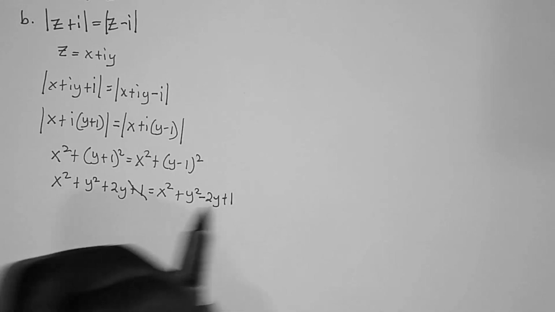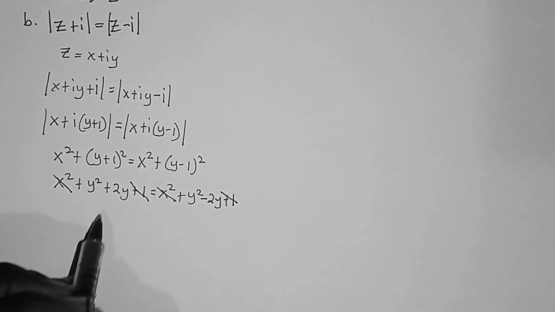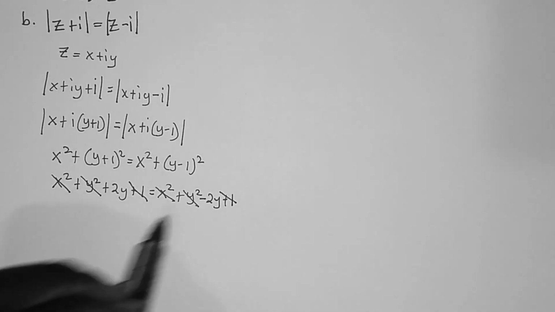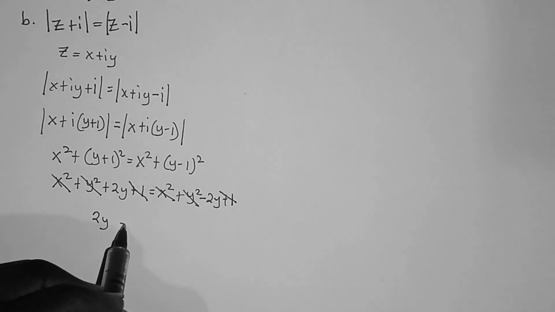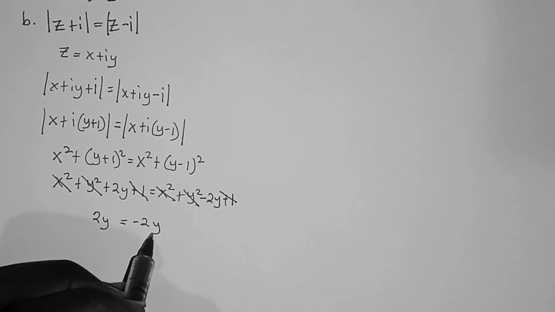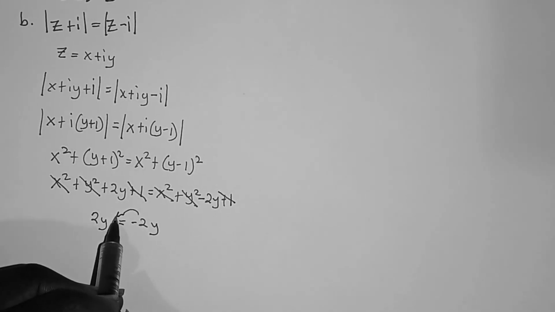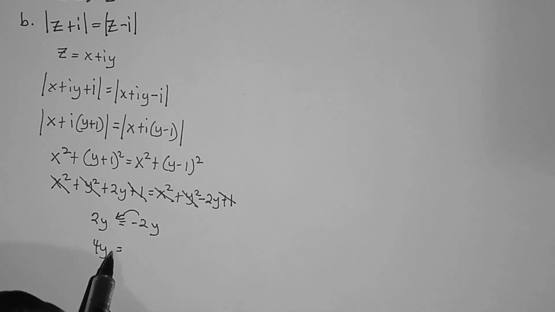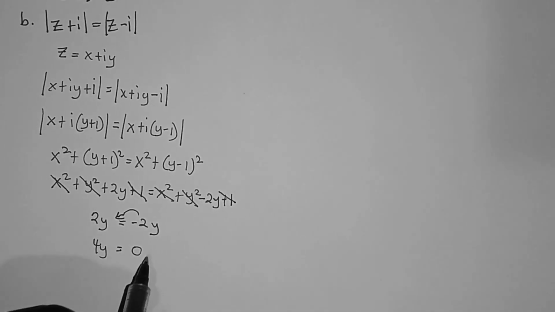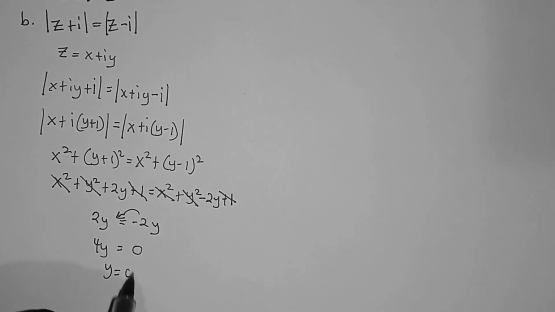So you see that plus 1 and plus 1 can cancel out. x squared and x squared can also cancel out, and y squared can also cancel out. So at the end of the day, we have 2y equals minus 2y. Then if you bring this minus 2y to this side, you are going to get 4y equals 0. 4 is not equal to 0, and therefore the only thing that is equal to 0 is y.